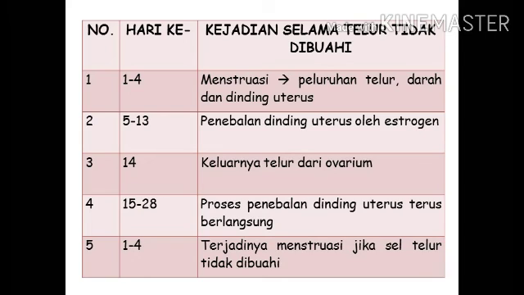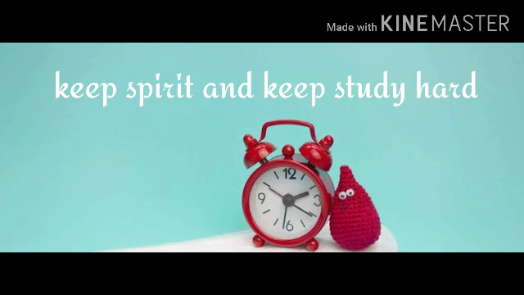Days 1 until 4, menstruation: shedding of the ovum, blood and uterine wall. Days 5 until 13, estrogen, thickening of the uterine wall. Day 14, the discharge of an ovum from the ovary. Days 15 until 28, the process of thickening the uterine wall continues.